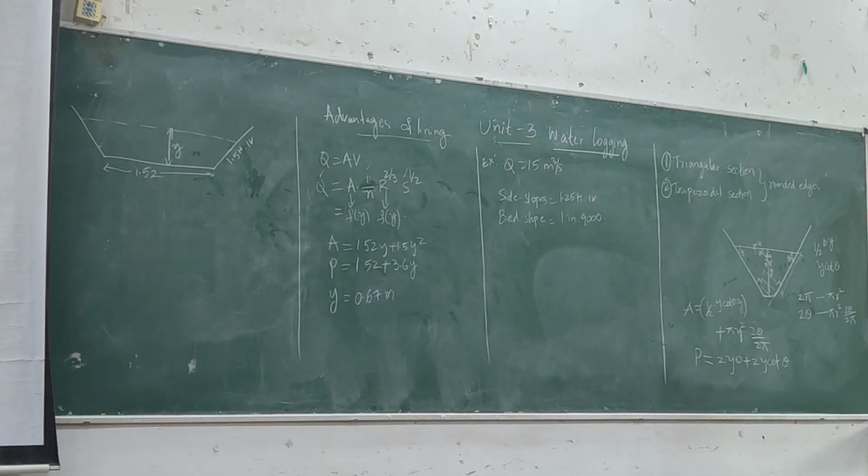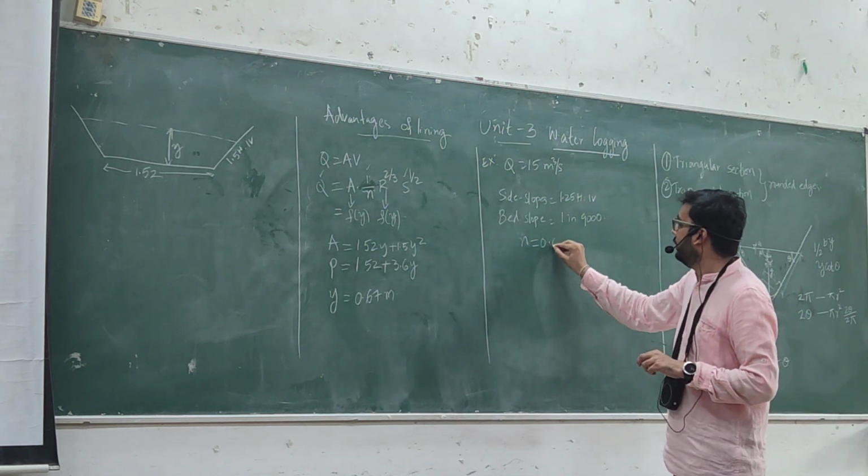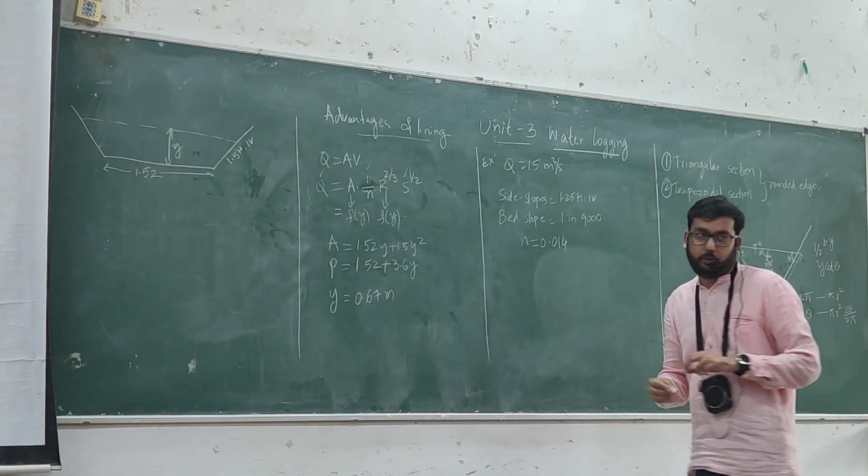So this is our data. We know the discharge, and the side slopes are fixed at some angle. We need to calculate the flow depth for this section. And since this is a lined canal, you can take n as 0.014.